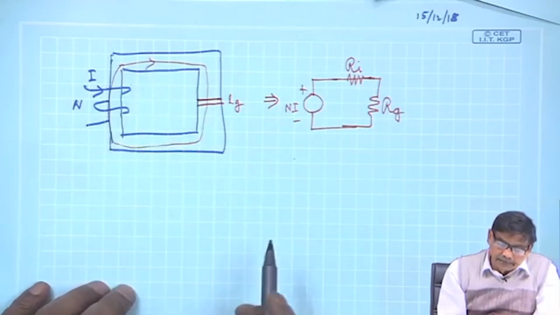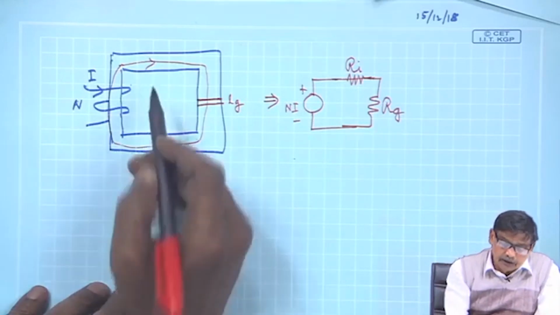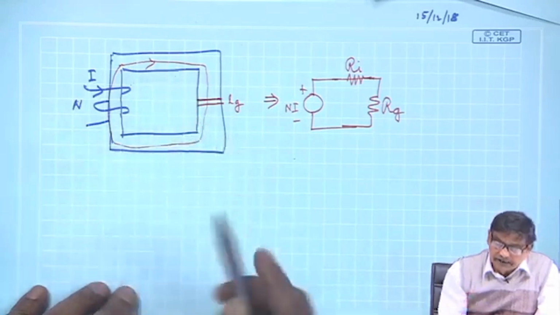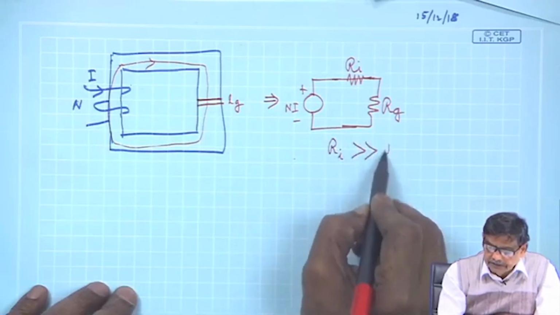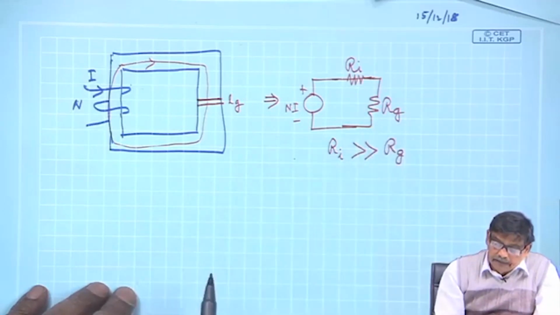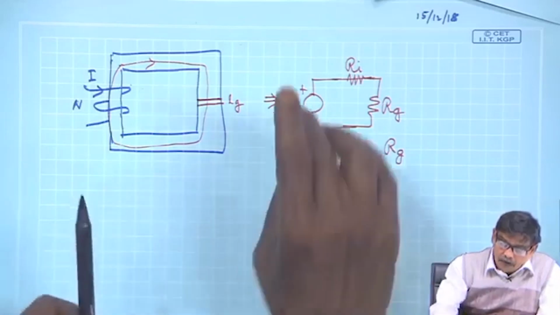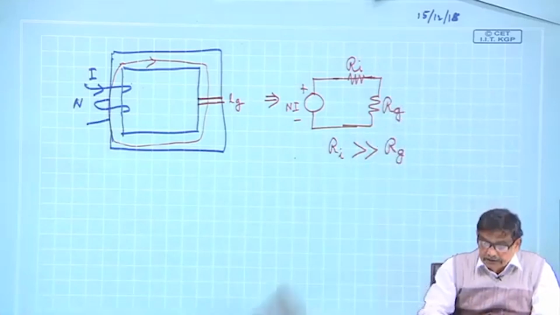Now, the implication of mu r of iron being very large means the reluctance of iron is much lower than the gap reluctance Rg. Therefore, all the MMF will be dropped across the air gap under such a condition.